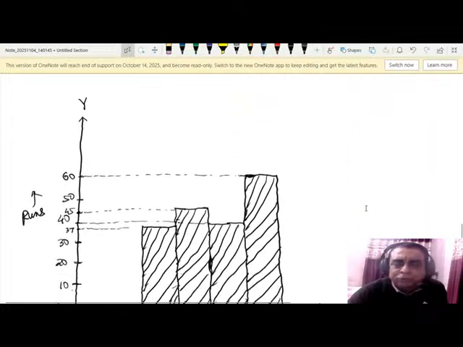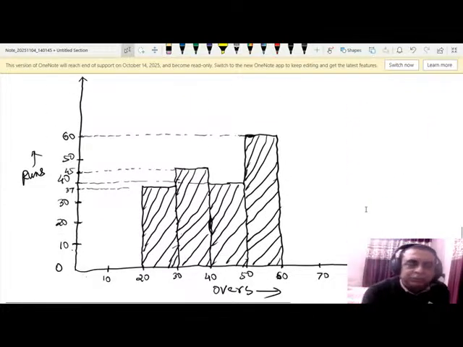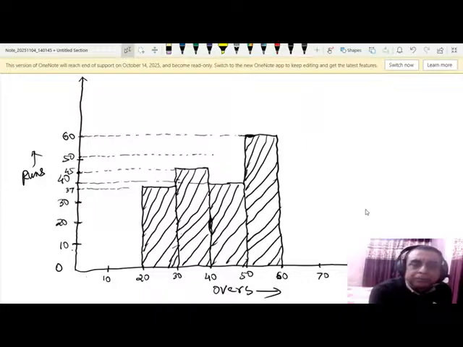Next, 60 to 70 is 51 runs. So you have to show 51 runs from 60 to 70. If there are 10 mark divisions from 50 to 60, the first division above 50 will be representing 51. So you will make a bar of this height going from 60 and dropping at 70.